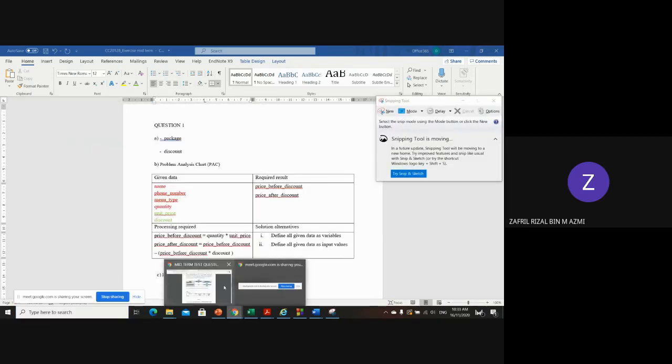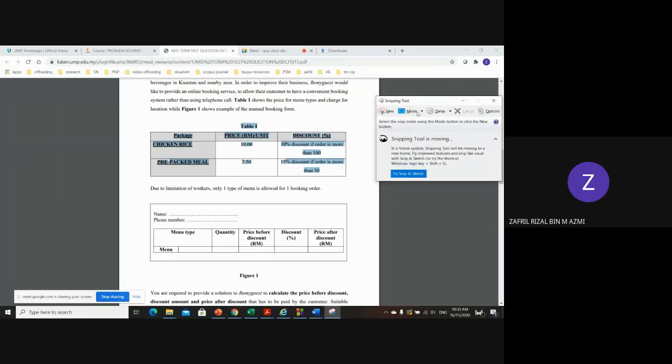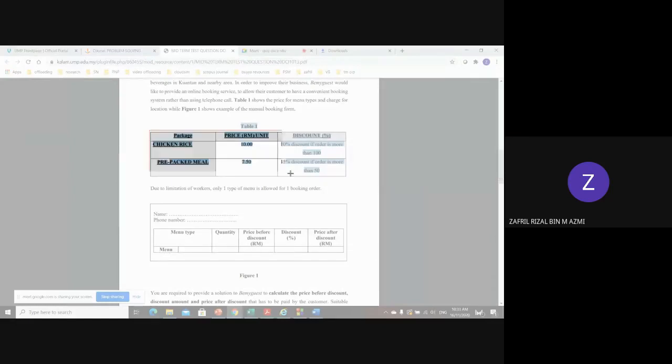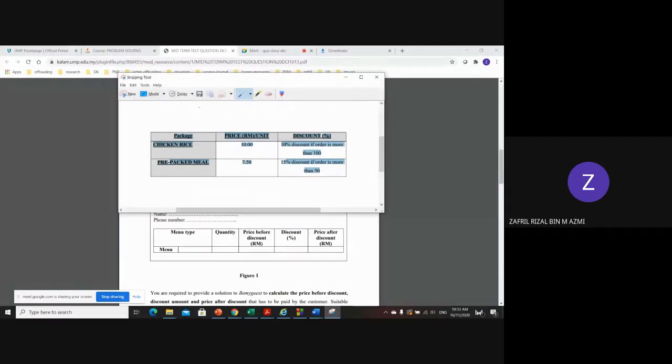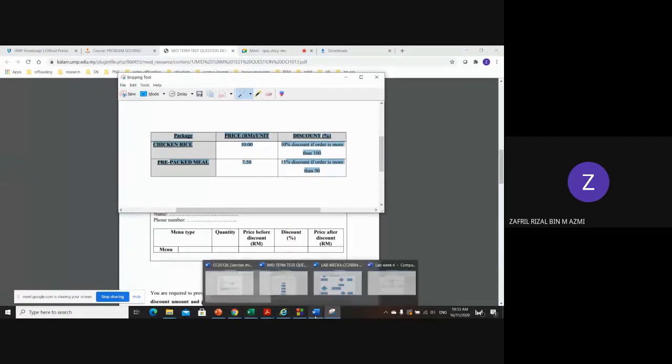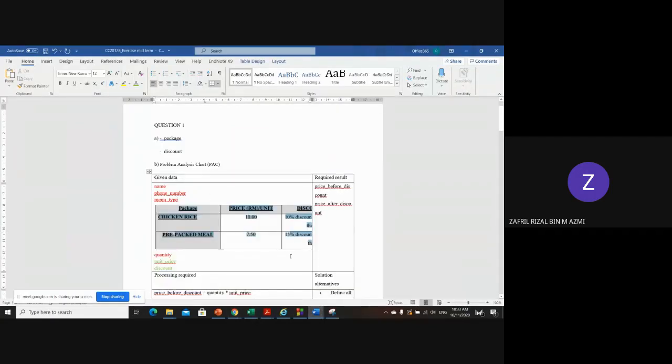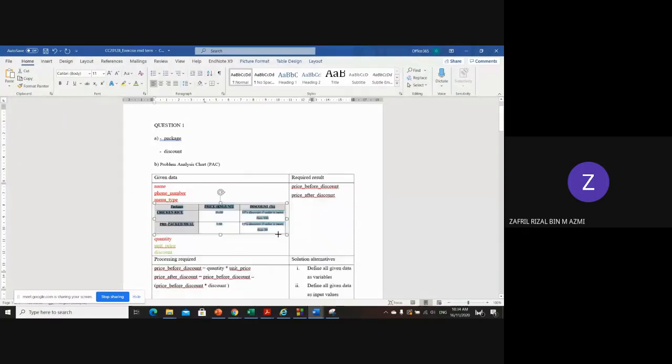Okay, this is the last one, I will show you this. What you need to do is copy the decision table and put it in your given data over here. Something like this.